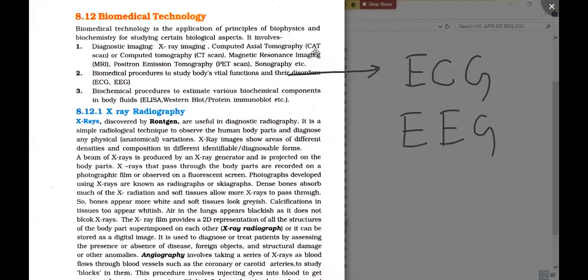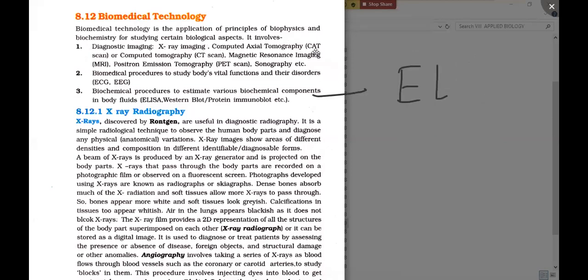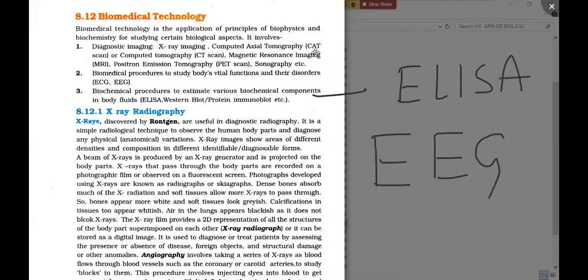Then the biochemical procedures like ELISA, the Western blot technique, enzyme linked immunosorbent assay, ELISA. EEG, electroencephalogram, is said to be, wait a minute, we made a small mistake.